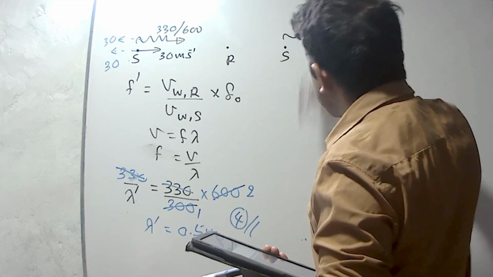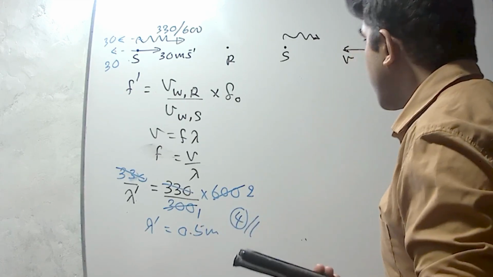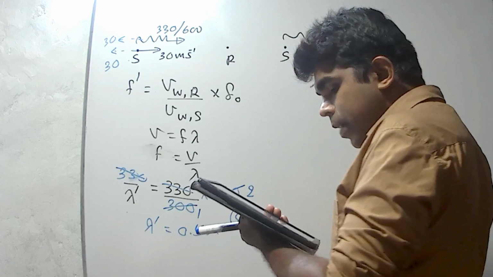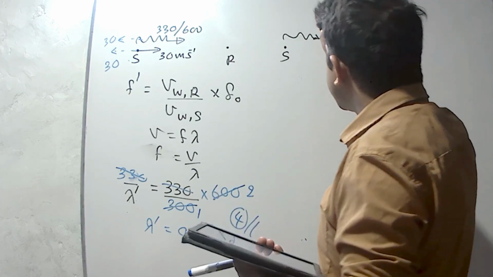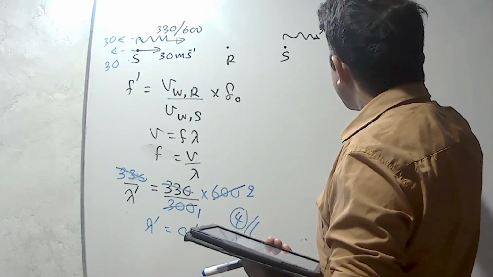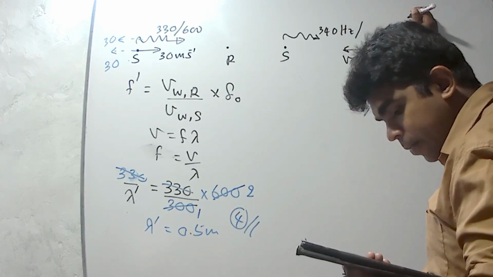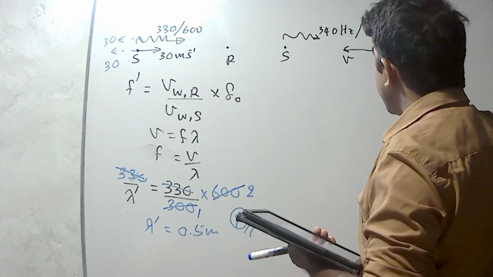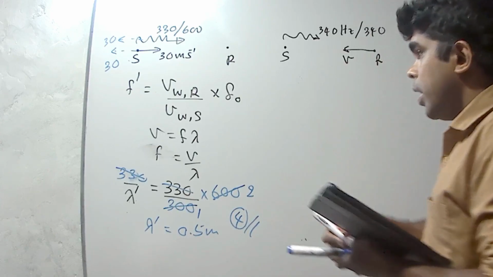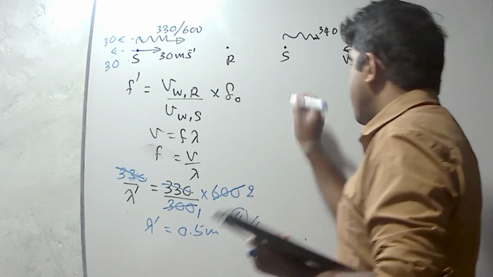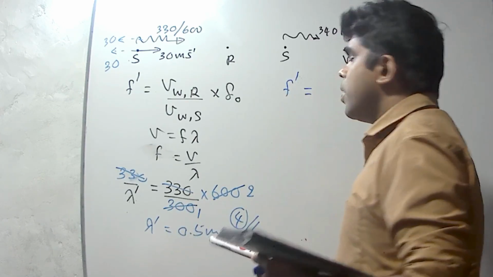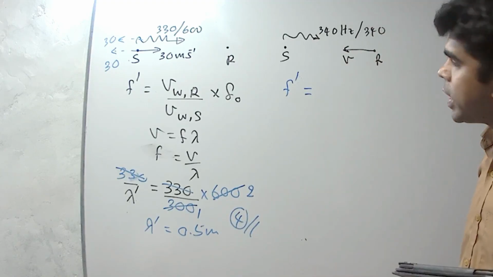Then we can consider the frequency of wave, 340 Hz, and the velocity of wave also 340. Then we can write the apparent frequency, velocity of wave relative to receiver.